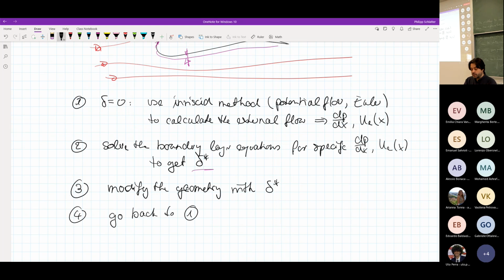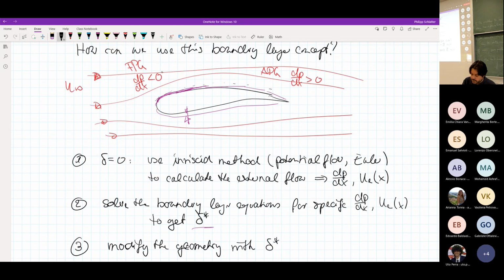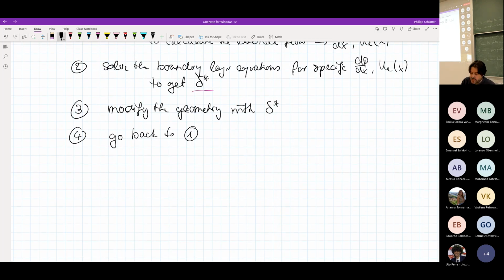But here, of course, you would need to be able to solve it for both a favorable pressure gradient and an adverse pressure gradient, so for varying pressure gradients. That means we need to understand how the boundary layer profile would look if we have non-zero pressure gradients.